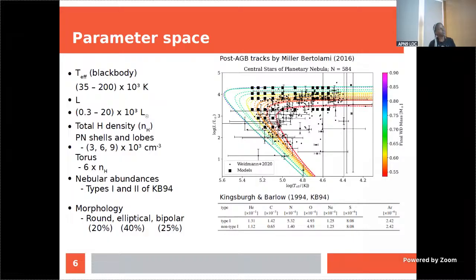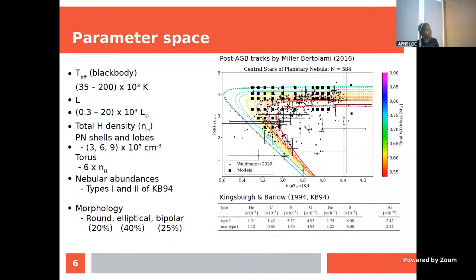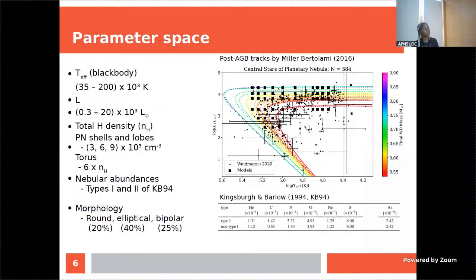Here I'm trying to show all the parameters that were taken into account, and these two are for the central star. So we have this range of temperatures that is characteristic, here of course, of the HR diagram for the central stars of planetary nebulae. And we also put here, based on this catalog of the central stars, the values to decide which are the models that are really representative of the planetary nebulae. This is for the central star, but then for the density, we use these three values.